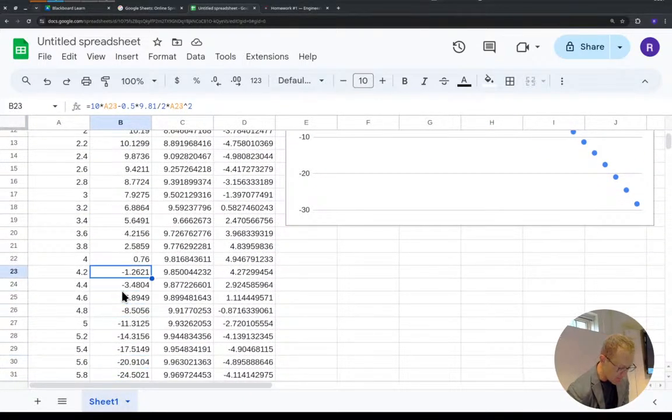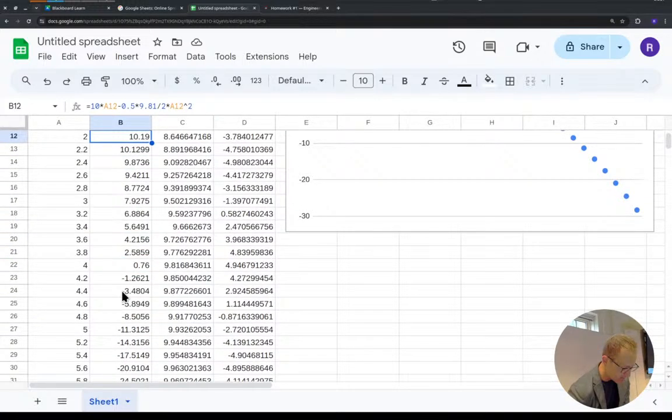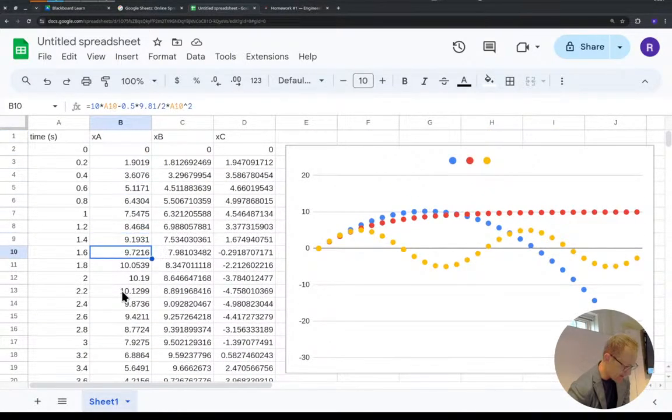So since we're in Excel, we can look at all the data this way. One way to do this, again, not the best way, is scrolling through and figuring out what was the max displacement that I got to. Up here it's like 7, down here it's something like 7, and it gets to 9.